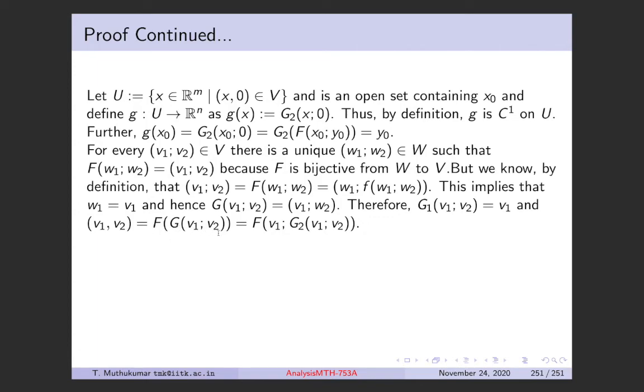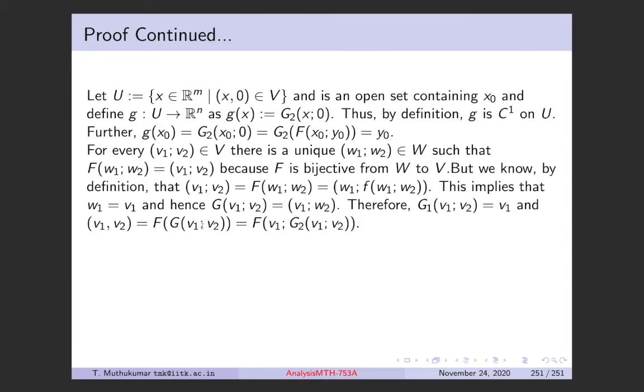G of (V1, V2) has two components, G1 of (V1, V2) and G2 of (V1, V2). G1 of (V1, V2) is V1, from whatever we have said here, right? So (V1, V2), by the invertibility of F and G, is F of G of (V1, V2).